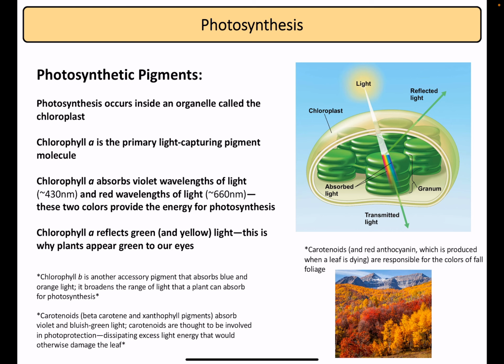The most common, the most predominant, is chlorophyll A, but there's also a common accessory pigment called chlorophyll B. Both of these pigments are large, complex molecules, and their job is to absorb specific colors of light emitted by the sun and to use the energy of those specific colors of light to power photosynthesis and to build glucose.